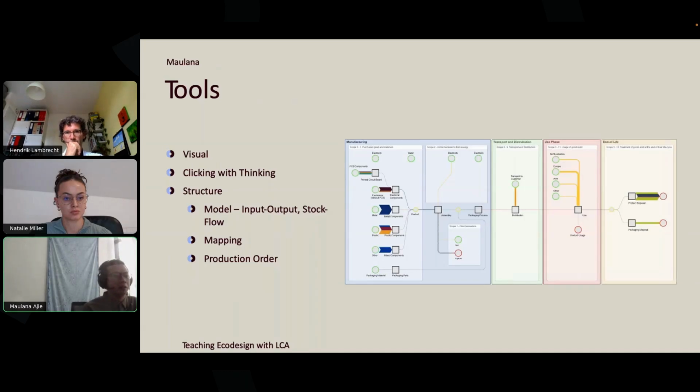And the third part is this concept of production order, which might be somewhat new in the world of lifecycle assessments, because with this approach, the idea is that the model would be your kitchen, so to say, and the production order is the recipe, which means you only need to model your kitchen once, and then you can basically change the recipe.